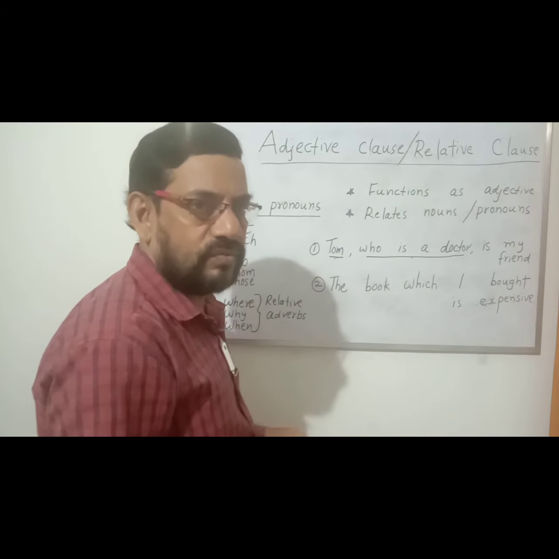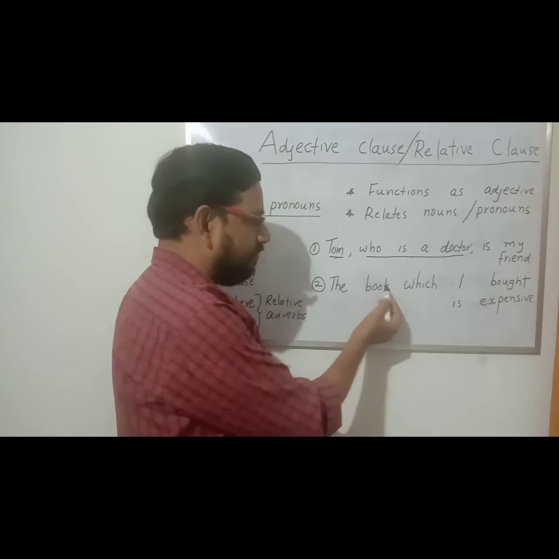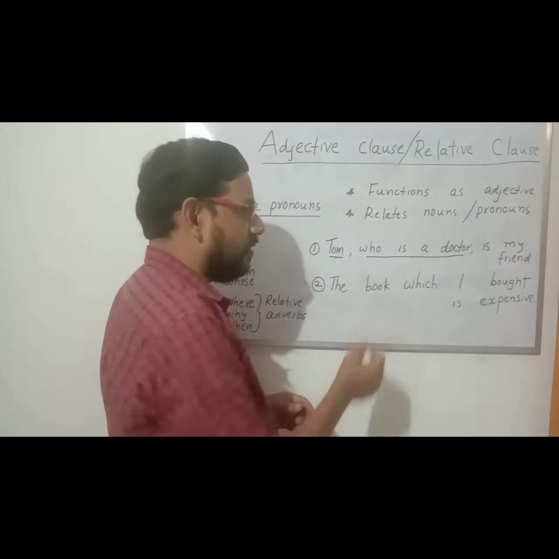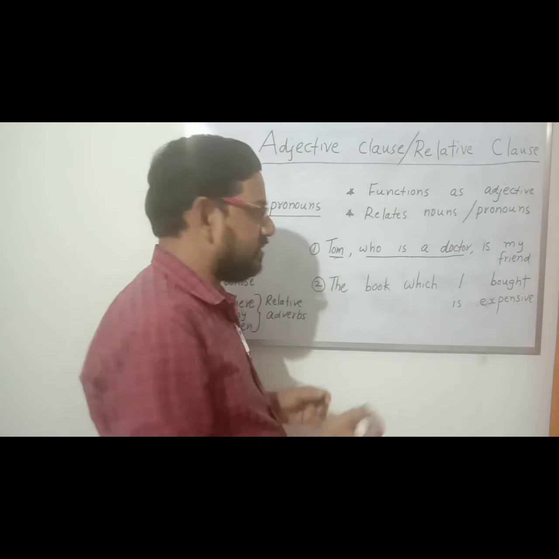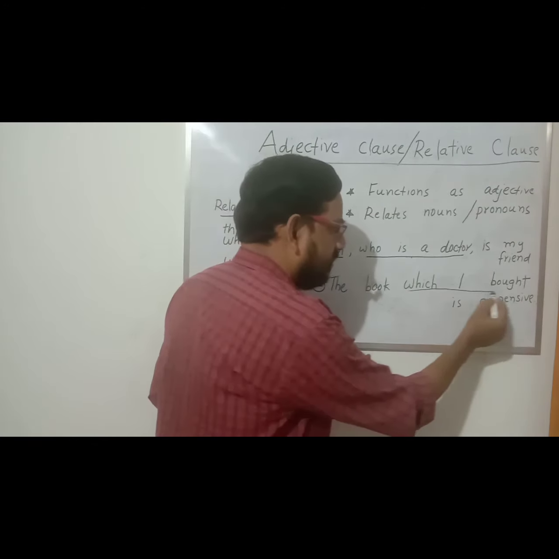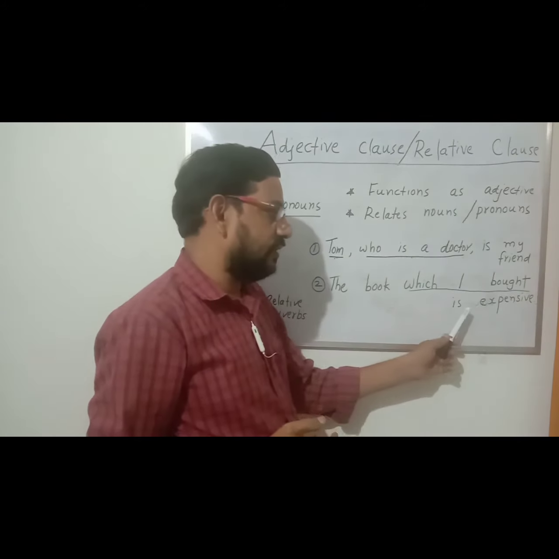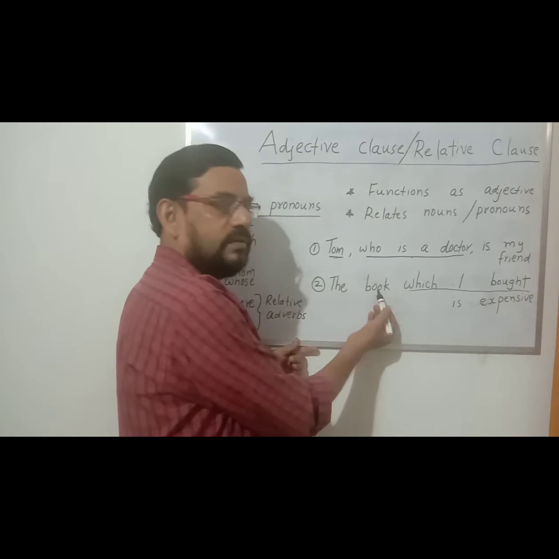Now we can move into the second example. What is the example? The book which I bought is expensive. What is the adjective clause used in this sentence? Which I bought. The book which I bought is expensive. What is expensive? Book.